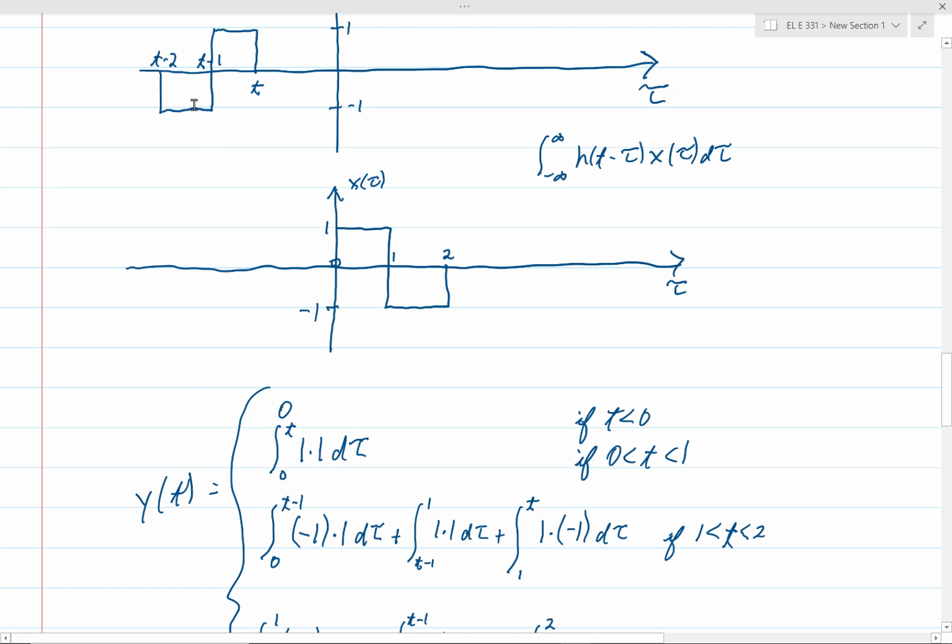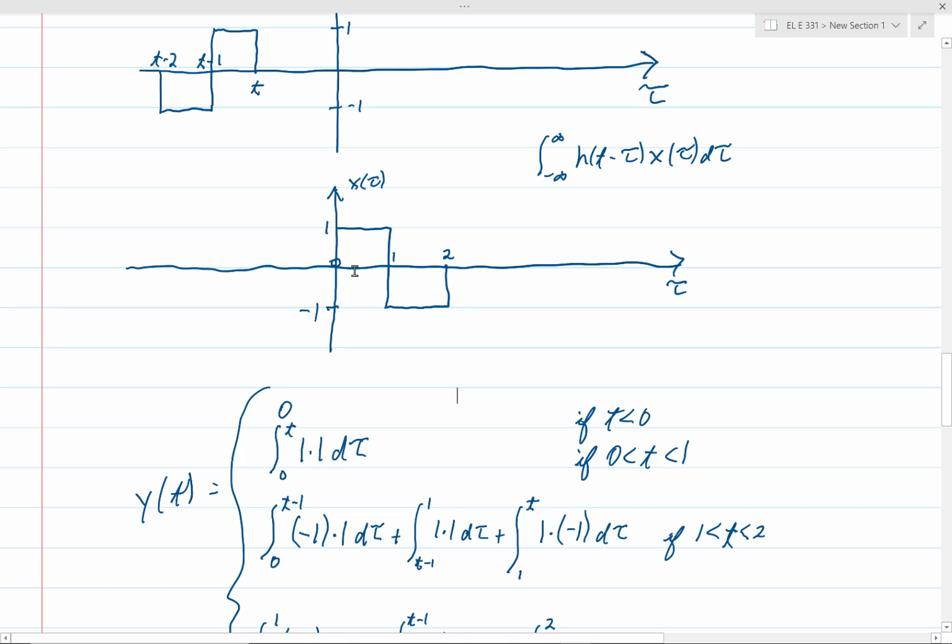Okay, so for the first portion, where you have this negative portion of h overlapping with the positive portion of x, since it's the negative portion of h, that's why the first term in the integral is -1. The second part of the integral is +1. And the region of overlap will be, remember, the leading edge is between 1 and 2, so the midpoint is between 0 and 1.